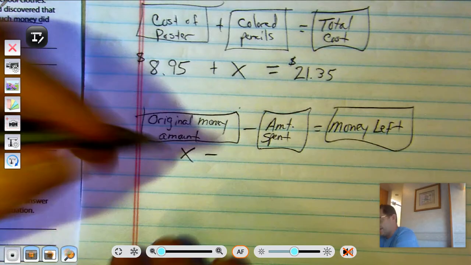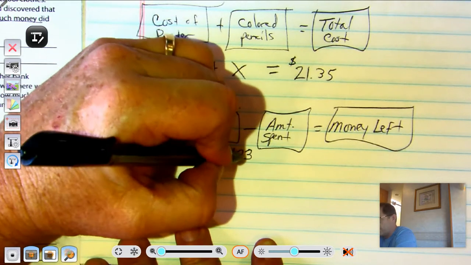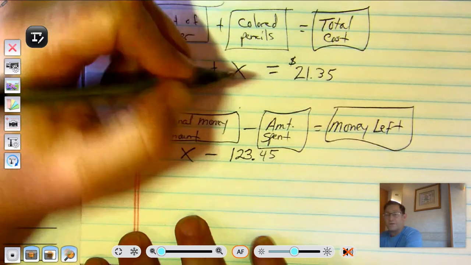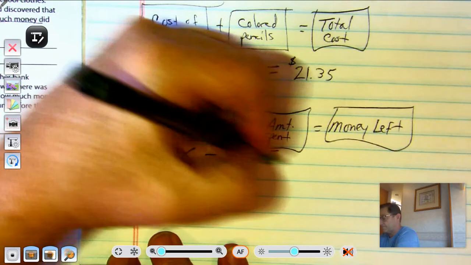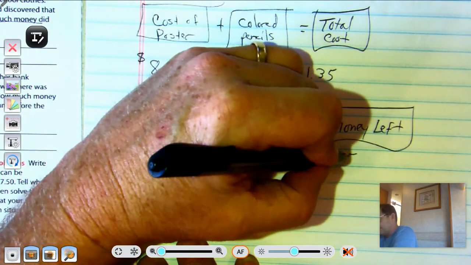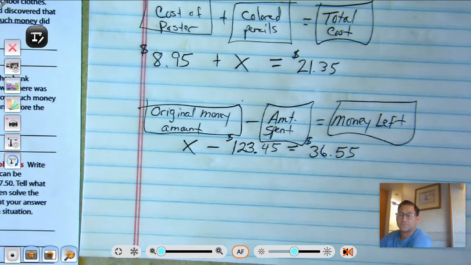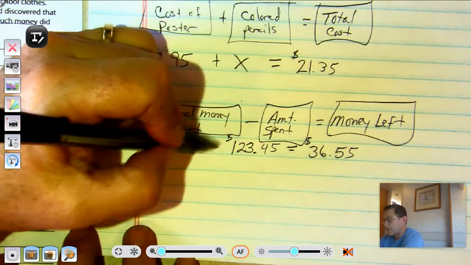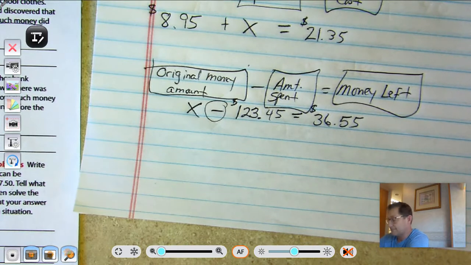We do know that the amount he spent was $123.45. And that left him $36.55. Okay, well, I see that I'm subtracting from x.